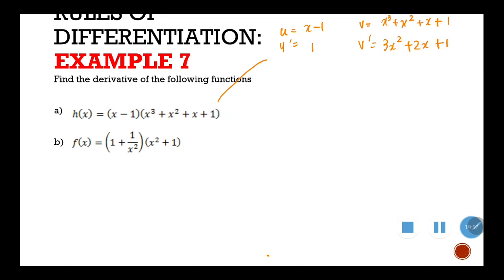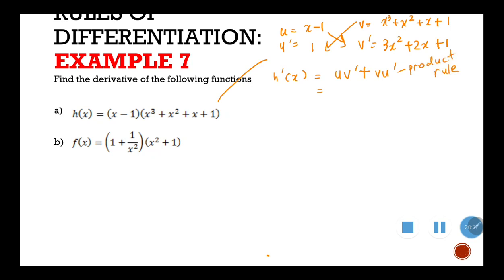So how to find h prime x? It should be u v prime plus v u prime. Now we are using this formula for the product rule.